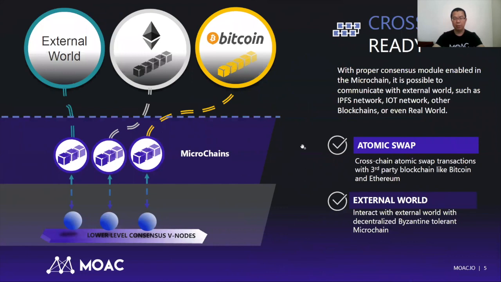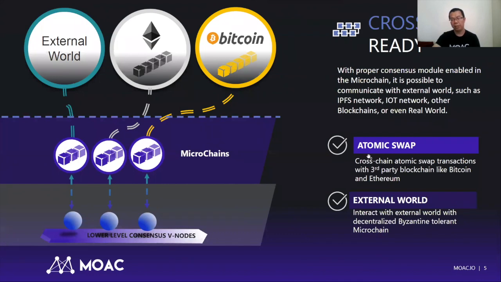To give a quick idea about cross-chain, it is very easy to implement cross-chain features with microchains. You can assume that a microchain consists of a lot of nodes. Each node can reach across to another blockchain and our MOAC blockchain, and they form a customized consensus protocol. All the communication between, say, Ethereum and MOAC is handled in a decentralized way.